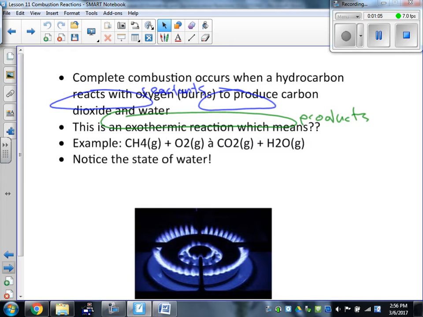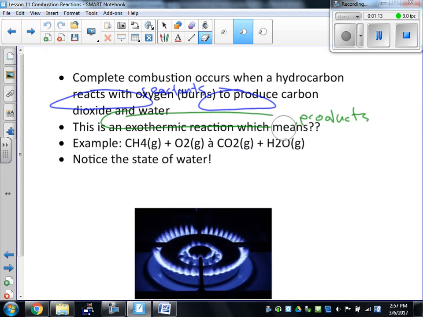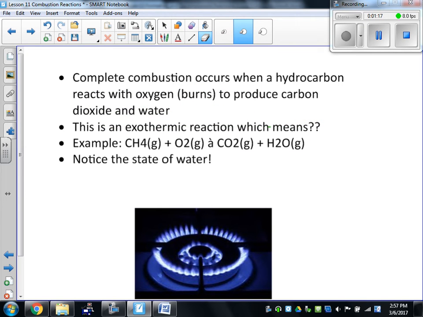Complete combustion occurs when a hydrocarbon, so carbons and hydrogens, reacts with oxygen. You need oxygen to burn things. If you don't have oxygen, we don't have combustion, we don't have burning.